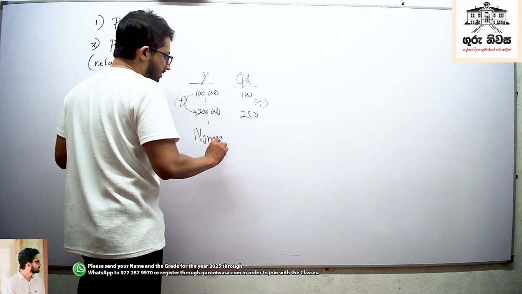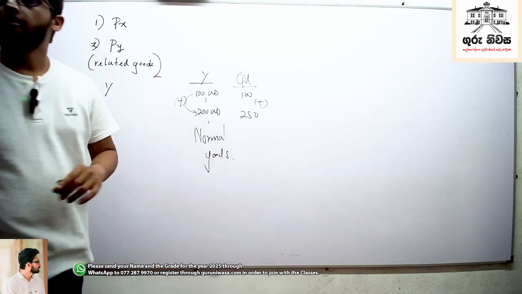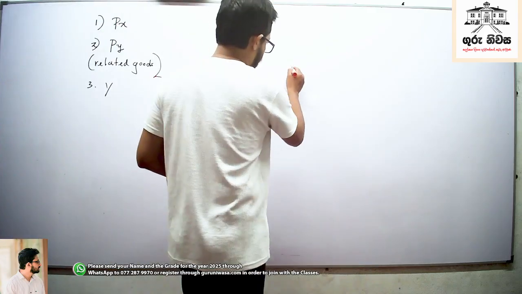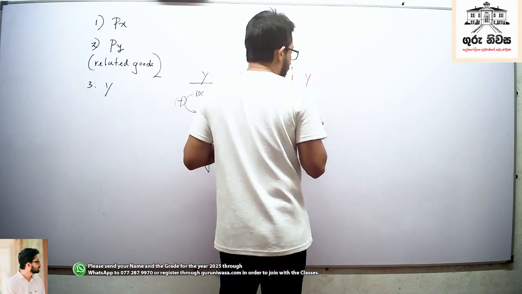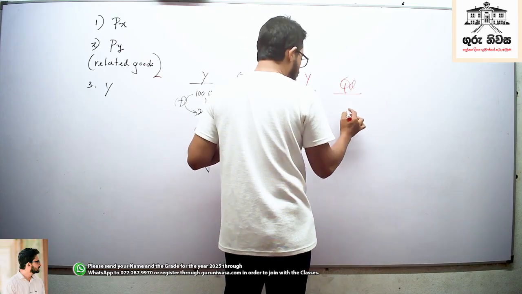Normal goods. Normal goods mean when income increases, demand for these goods also increases. When income falls, demand for these goods decreases. Did you get the point? But there is an exceptional point. In some cases, when income increases, people reduce the demand.